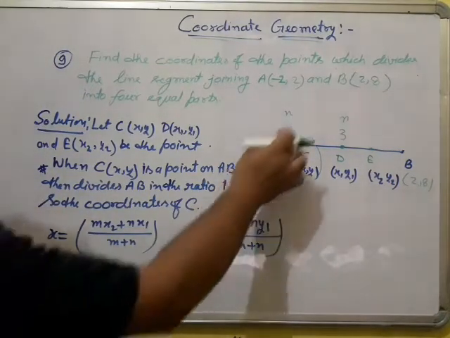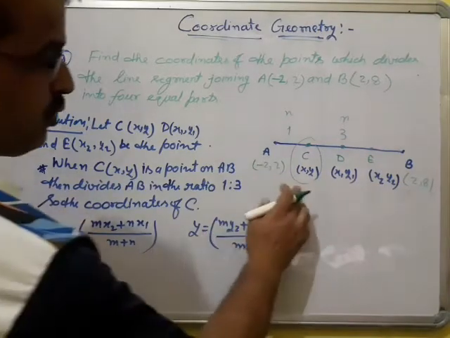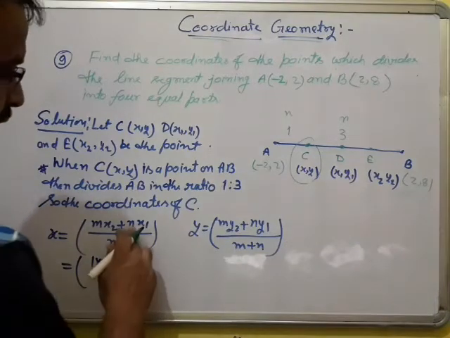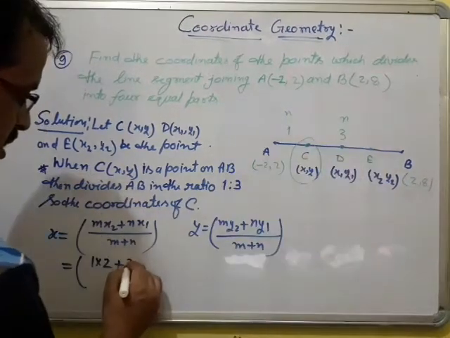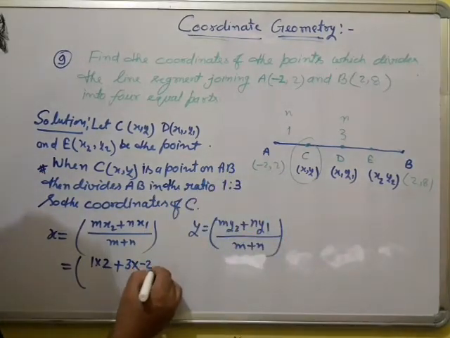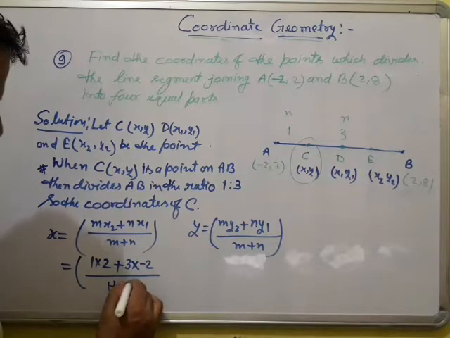Here M is equal to 1, x2 is 2, N is 3 and x1 is -2, upon 1 plus 3.